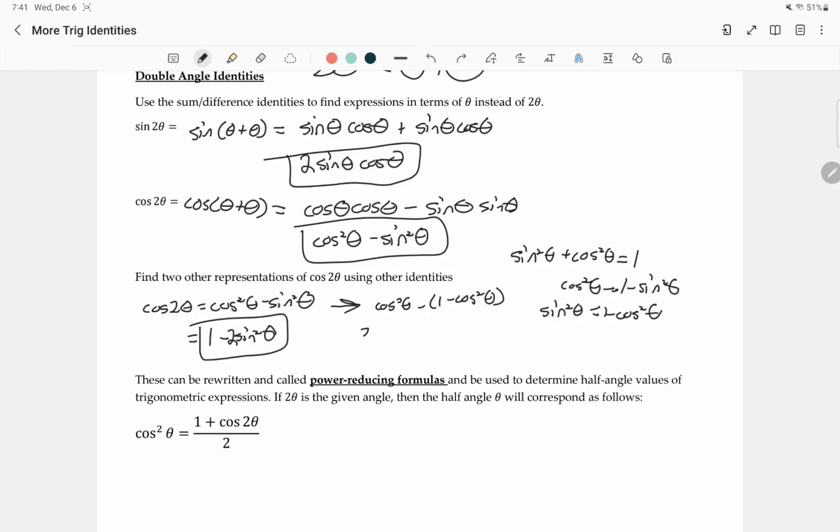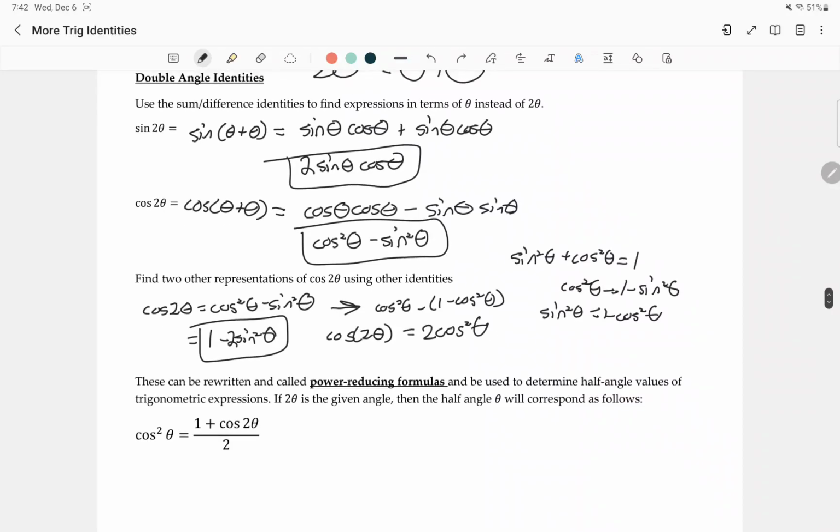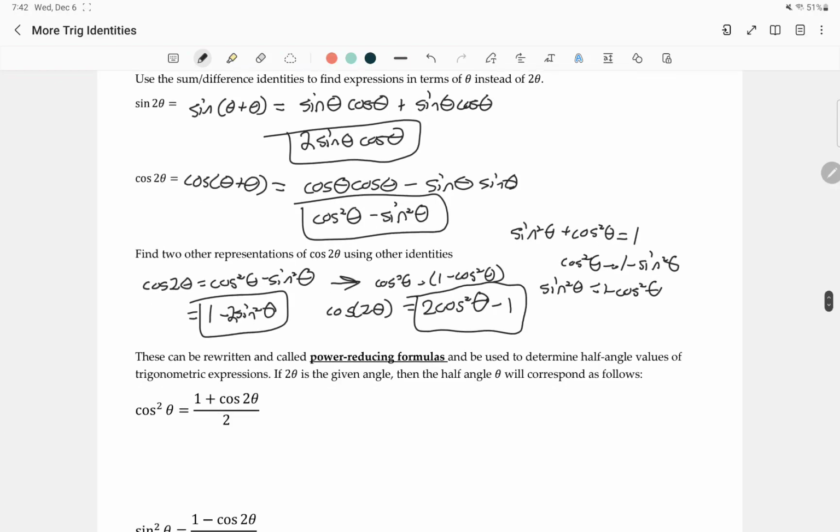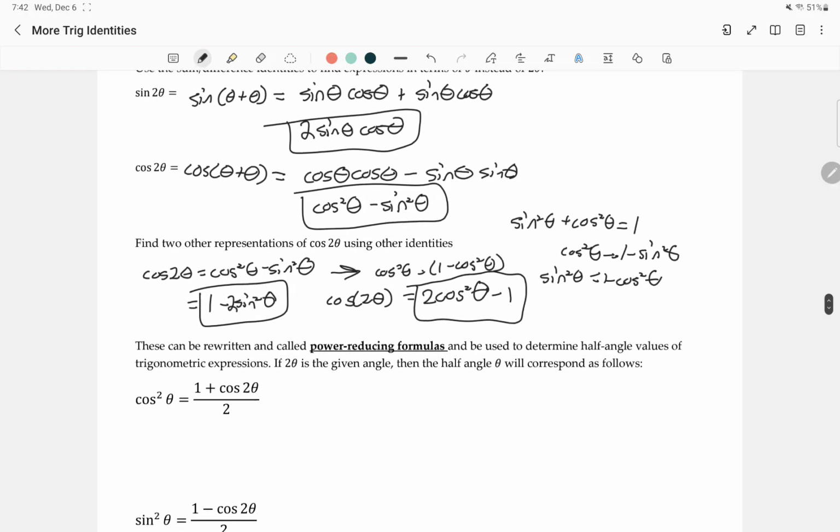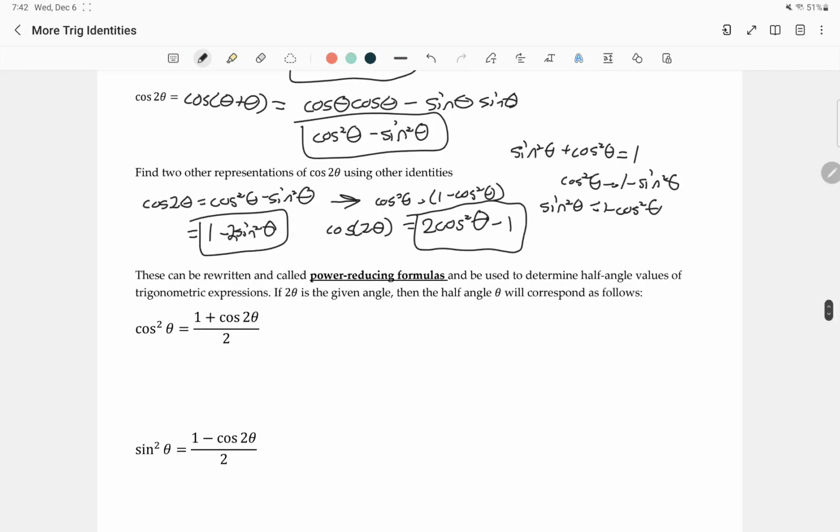So this is going to give cosine 2 theta is equal to 2 cosine squared theta minus 1, because this becomes a positive, right? Because you're using 2 negatives. So this is the other one that is pretty nice to remember. It's all just dependent on the situation and what you're trying to find and which one you want to choose.